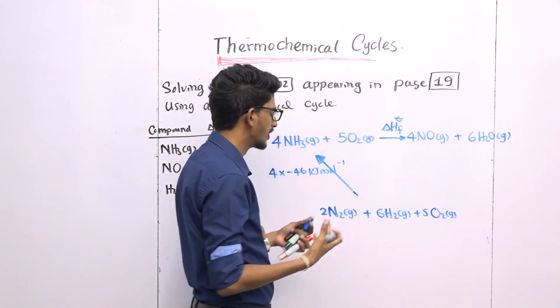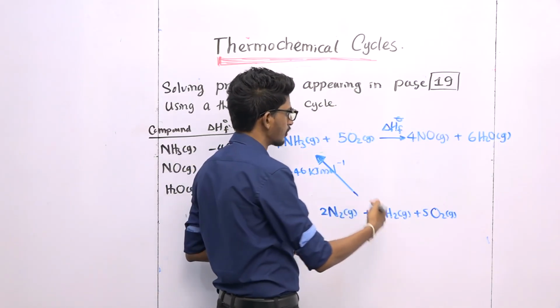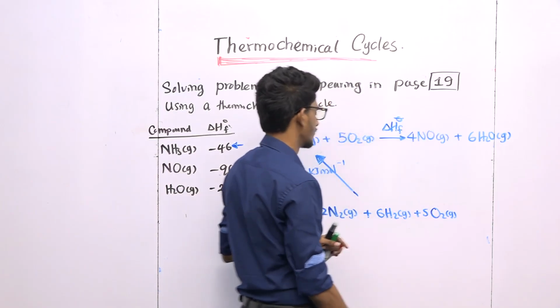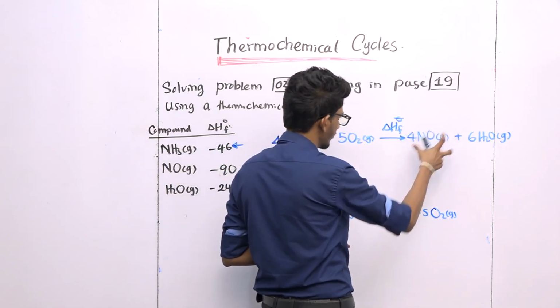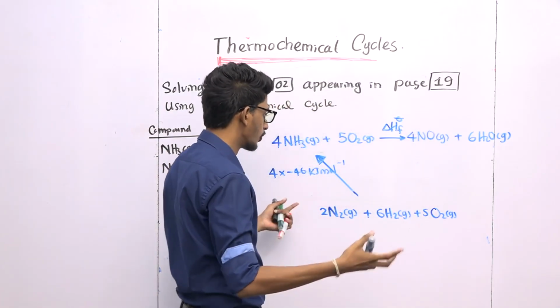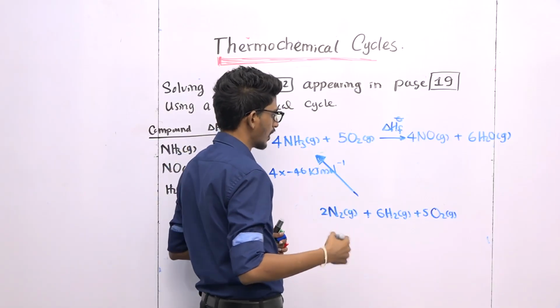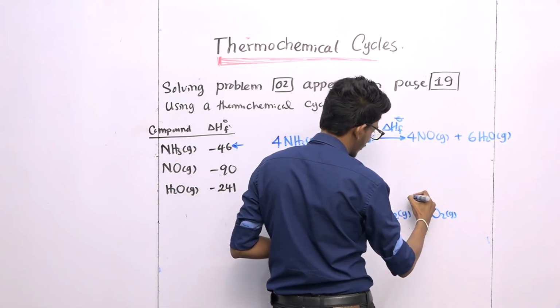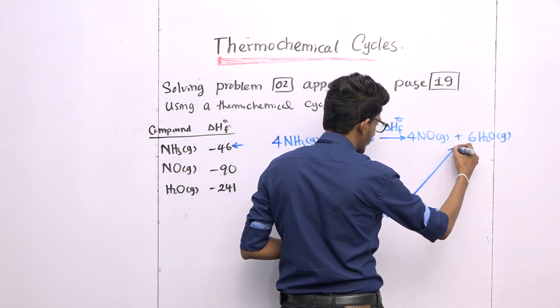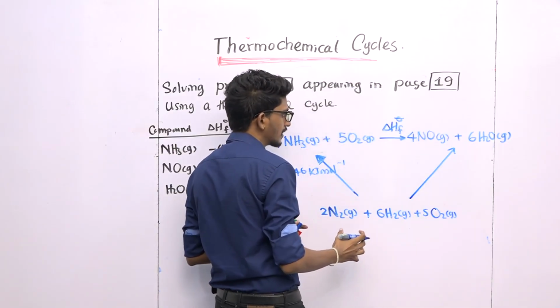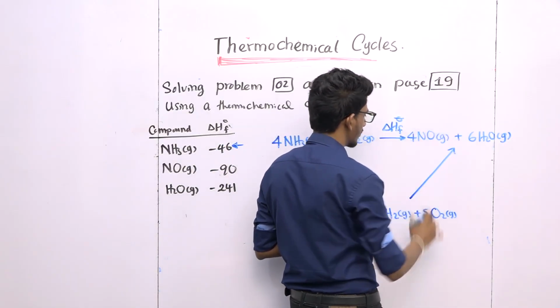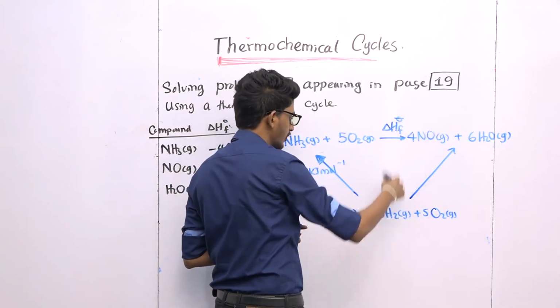So what you need to do again is convert reference forms to some compounds with elements with the same reference forms. That is all about formation enthalpies. So applying formation enthalpies, we can convert the state with reference forms to a state with some compounds with elements with those reference forms.